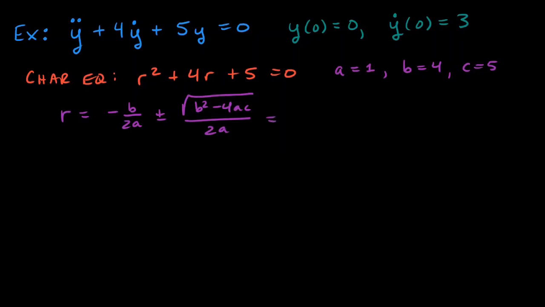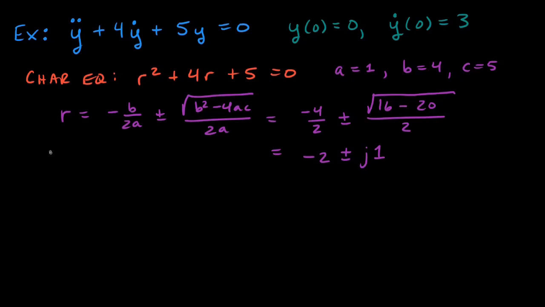And so that's going to be negative 4 divided by 2 plus or minus the square root of 16 minus 20, and that quantity also divided by 2. And when we work that out, that's going to be equal to negative 2 plus or minus j1. Okay, so from that we're going to have lambda equals negative 2 and mu equals 1.